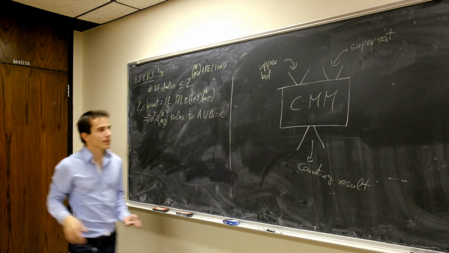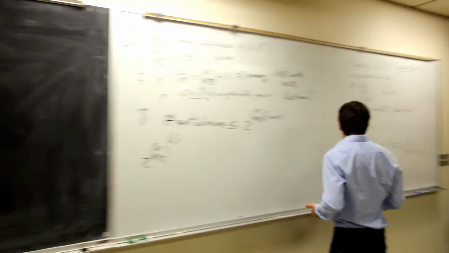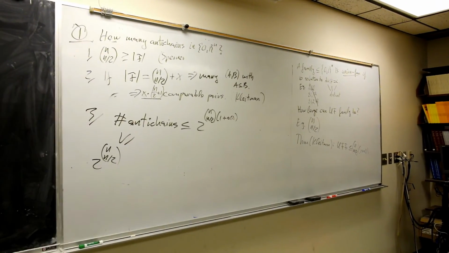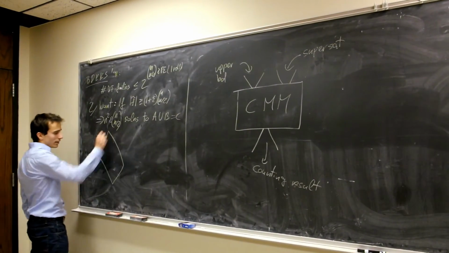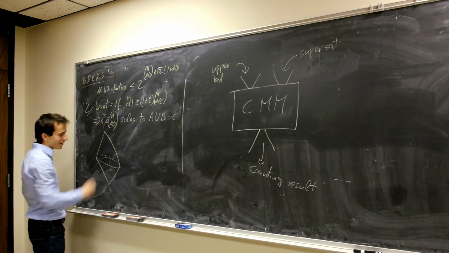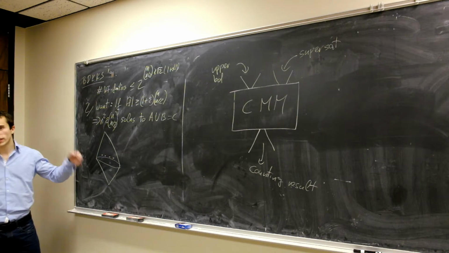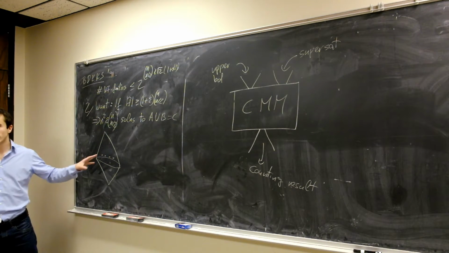In some sense this is the best possible case, because, as Alex said, the best thing to do seems to be to take the Boolean lattice, take the middle layer, and a bunch of elements above it, and then each element gives rise to roughly n squared solutions, and it turns out that in some sense this is the best you can do.